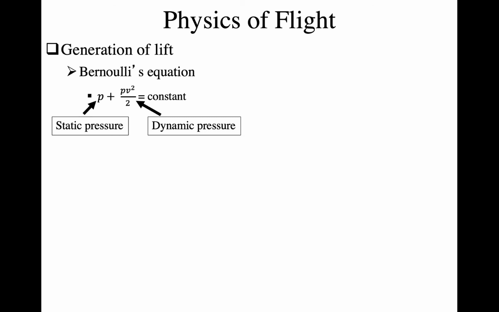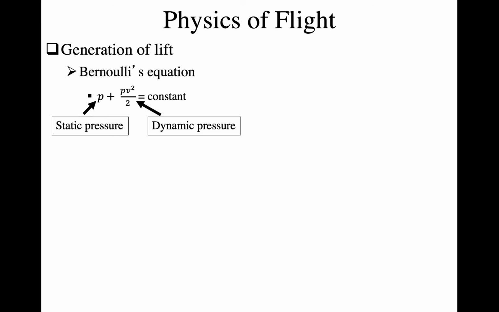And whatever environment a bird is in, there has to be equal pressure all around the bird and all around its wings. And part of that could be made up of static pressure, and part of it could be made up of dynamic pressure. But it has to remain constant. It's a zero-sum game, so that means if one goes up, the other one has to go down. And that's going to be important to understand what's going on here.